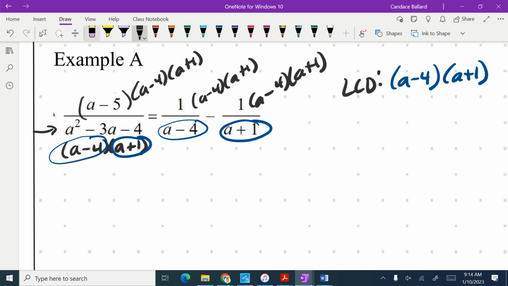Okay, the next step is we want to cancel stuff, right? So here's what I want you to do. I want you to see if you can finish it from there. We started it together. You're going to try to finish it. So cancel what matches, right? And then if you need to distribute or multiply, do that and try to get it solved for A. Check for extraneous solutions. Okay, so I'll give you like 2 minutes. See if you can finish it off.